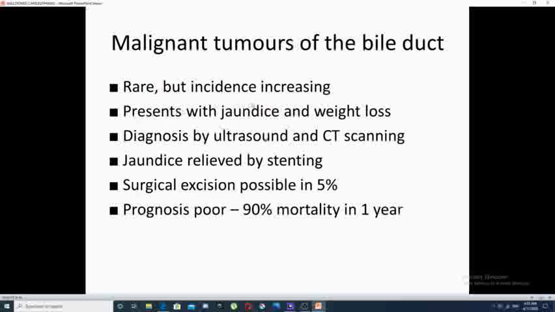Incidence nowadays may be increasing. Patients present with jaundice and weight loss. Diagnosis can be done by ultrasound and CT scan. Jaundice can be relieved by stenting. Surgical excision is possible in 5% of the cases, but unfortunately prognosis is poor.